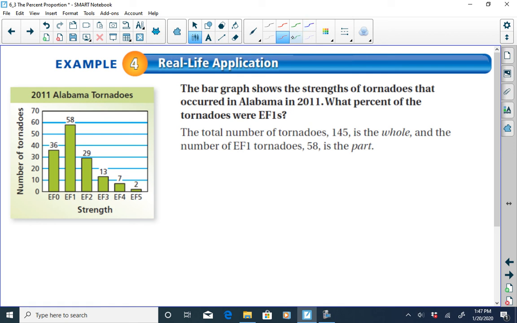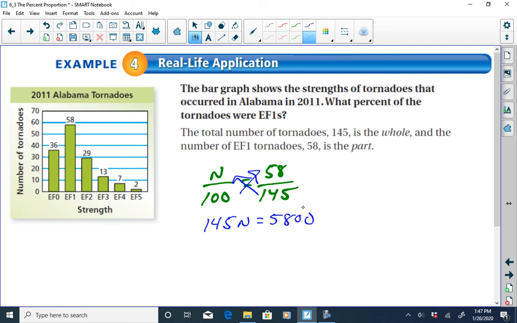So we write our ratio. It's going to look like the following, right? Because we're looking for the percent, we're going to have n over 100. The second ratio, that is our part to whole relationship, 58 is our part, 145 is our whole. Once we have our proportion set up, we use our cross products property. 145 times n is 145n. 100 times 58 is 5800.